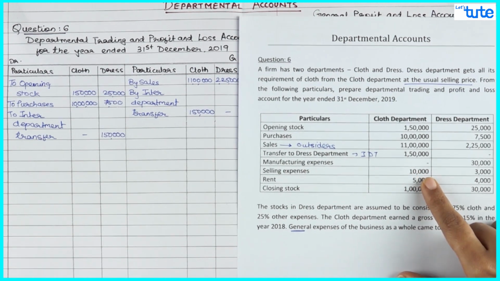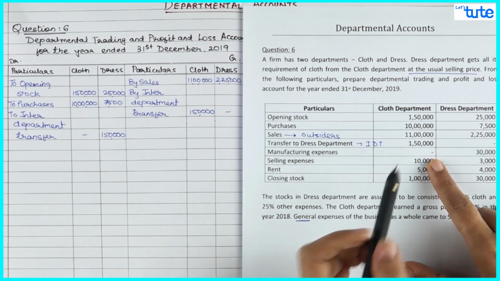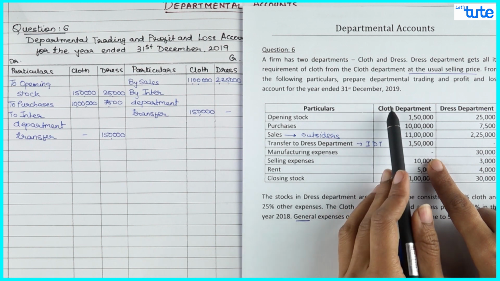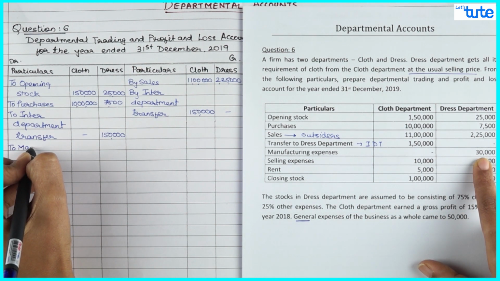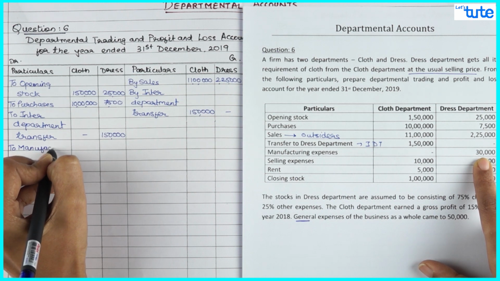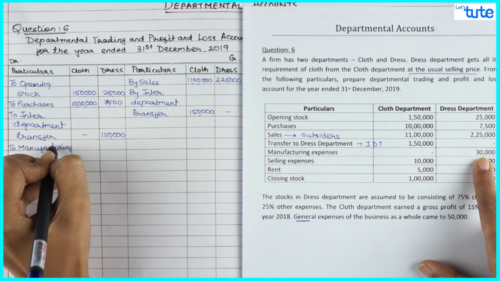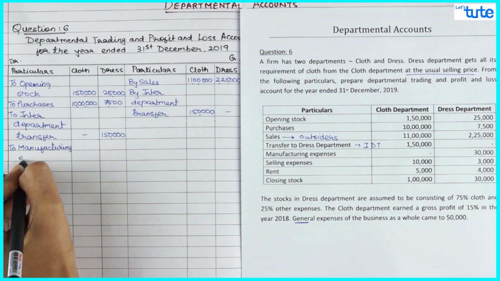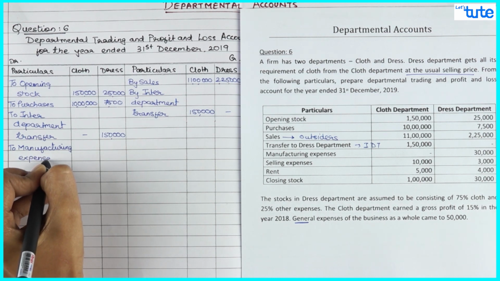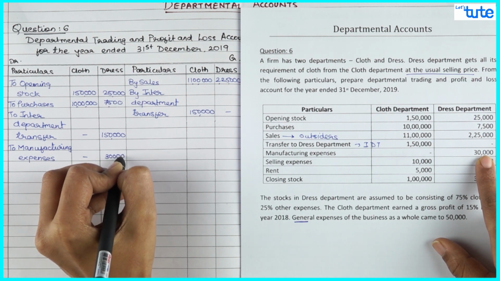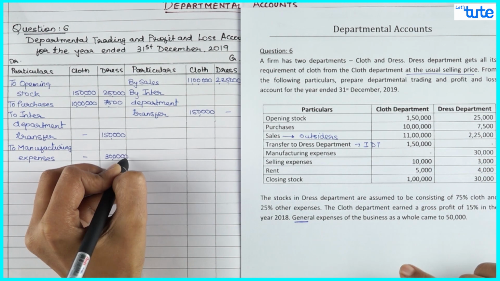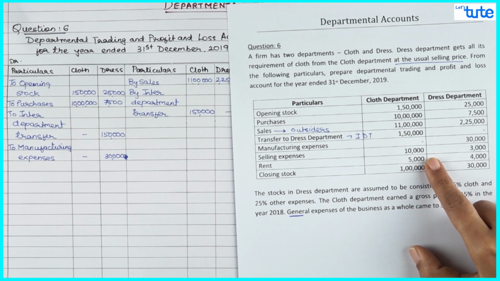Next we have manufacturing expenses. Now there is no manufacturing expense in cloth department, so that is only in dress department. That will also go on the trading side. So trading debit, manufacturing expenses: dash and 30,000. Next, selling expense.